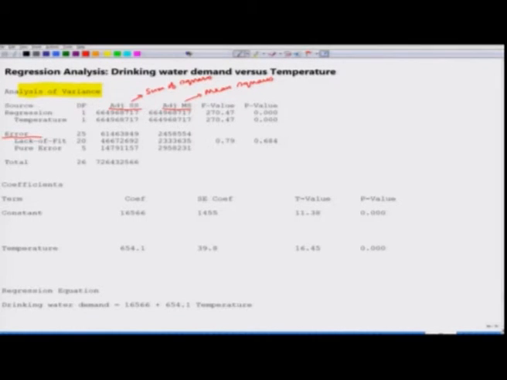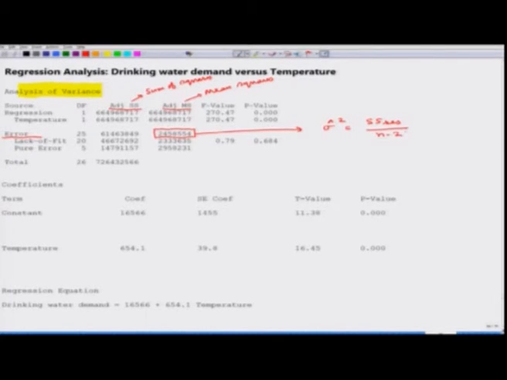This is the value which we have to consider. Actually this is the value which is our sigma square hat. And sigma square hat, if you remember, we defined as the sum of squares due to residual divided by the degrees of freedom, that was n minus 2.